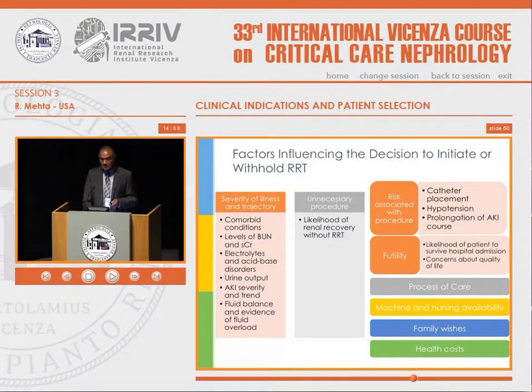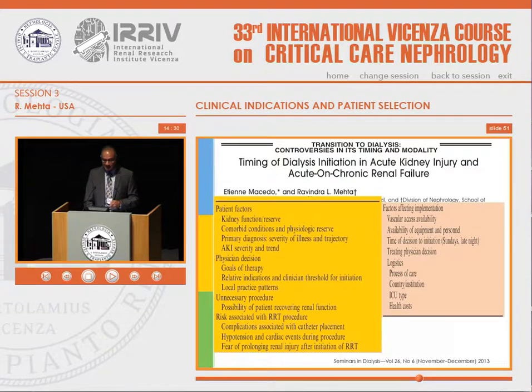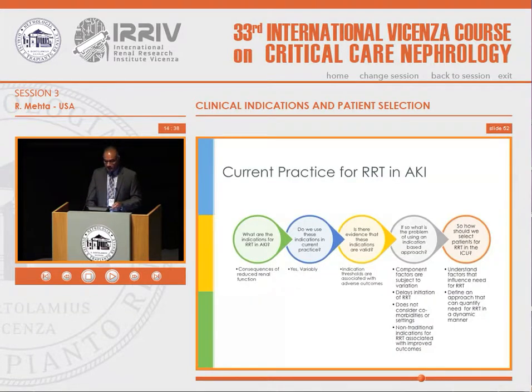All of these elements, coupled with the process of care decision and the logistics, make a complex set of decisions which make it very easy to then basically say, okay, well, let's look at the list. And if the list says yes, then we must do it. Outside of that, it takes away the cognitive thinking and the ability which is necessary to make a complex decision like this. So in essence, we must weigh in balance on an ongoing basis when and when not to offer dialysis for a particular individual.